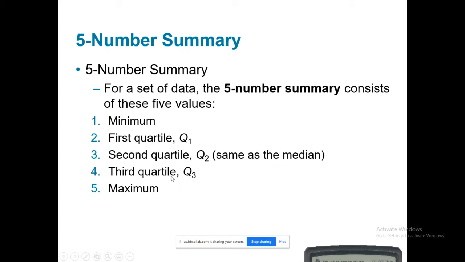It's the third quartile of a data set, and it's also the maximum value. And so if you're asked for a 5-number summary, these are the 5 values that the 5-number summary consists of.